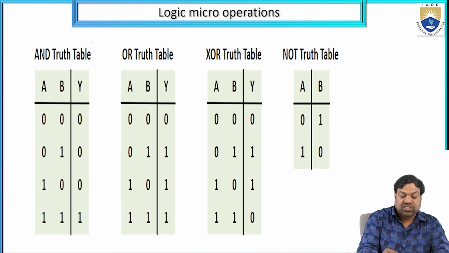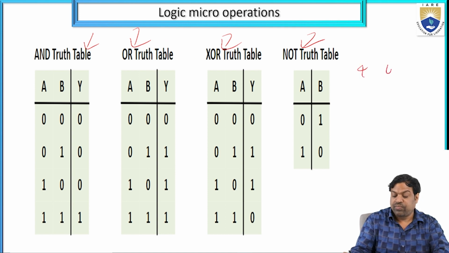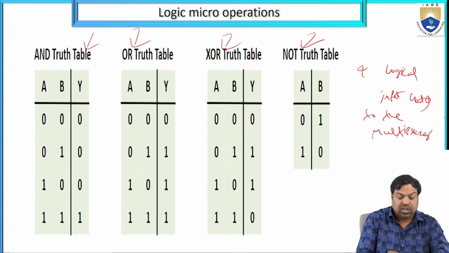So already we discussed these are the inputs of the logic gate: AND, OR, XOR, NOT, 4 logical gates going to the multiplexer. So if I'm taking 0 0, the value is 0. Why?